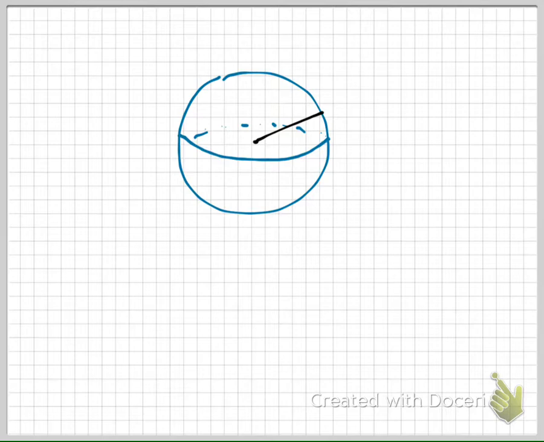The very center of the ball, inside the very center. So this would be the radius of the ball, right? The center of the ball to the edge, right? The formula for surface area of a sphere is at the bottom of page 553. Surface area is 4 pi r squared.